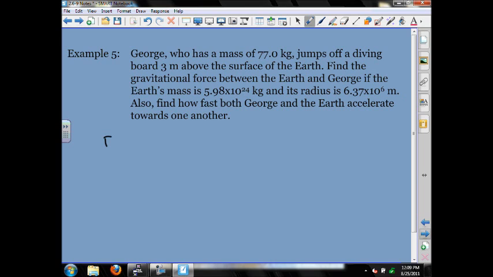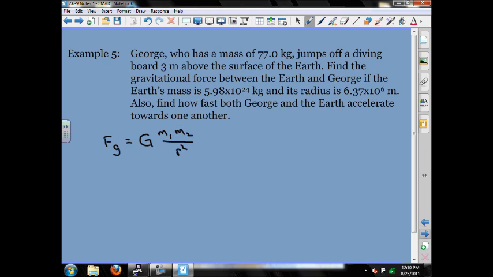So F sub g. For any problems that we're doing, the first thing you always need to do for the AP test, and thus for my class as well, is write down the formula you're using. Don't start out by plugging everything in, because if you made a mistake in plugging stuff in, you'll get counted off double.